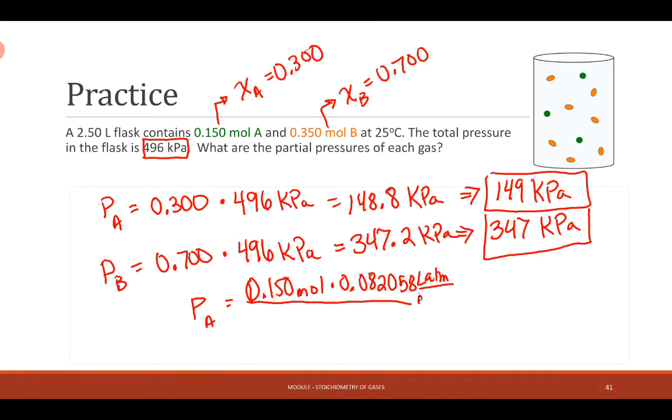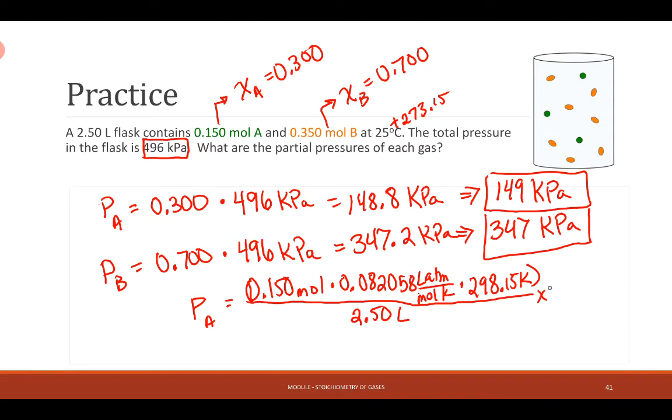Liter atmospheres per mole Kelvin. And then my temperature, I have to add that to 273.15, and so that's 298.15 Kelvin. And then dividing that by the volume, which is 2.50 liters.